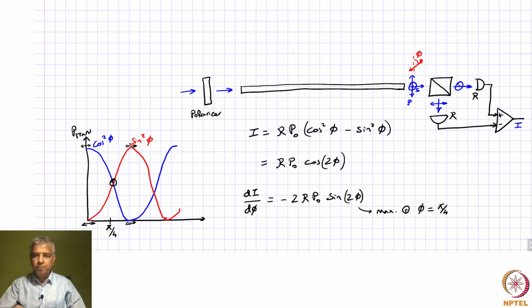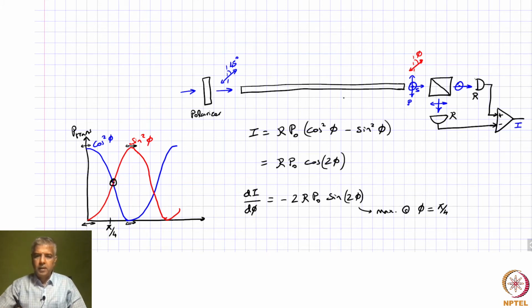So from a polarizer perspective, as far as the launch polarization is concerned, you are best off launching a polarization like this at 45 degrees, so that it has equal components along the two orthogonally polarized directions.